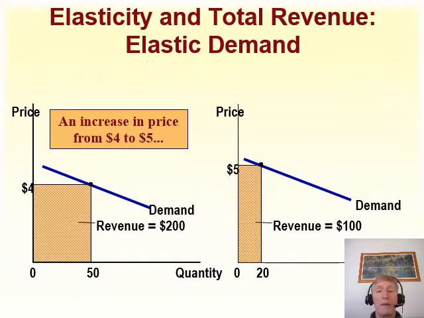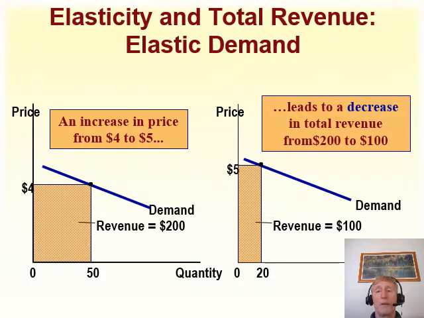However, keep in mind that the reverse would also be true, that if the firm were to decrease the price, let's go for a decrease on the right-hand side, first of all, from $5 down to $4, go from the right to the left diagram, there'll be an increase in revenue.